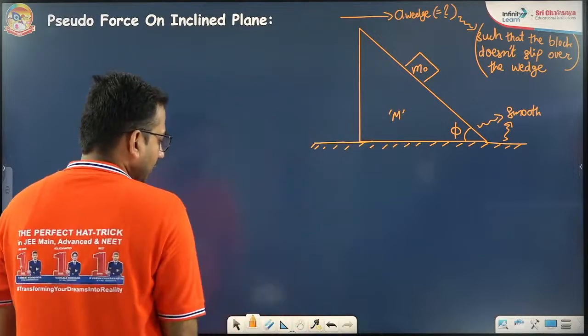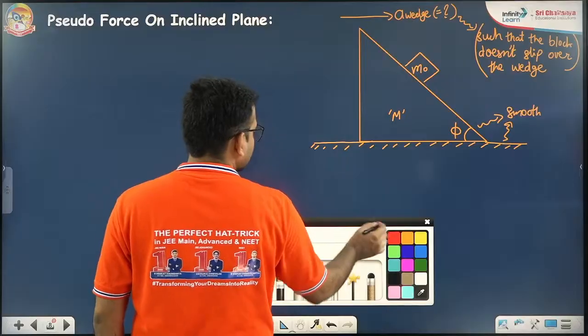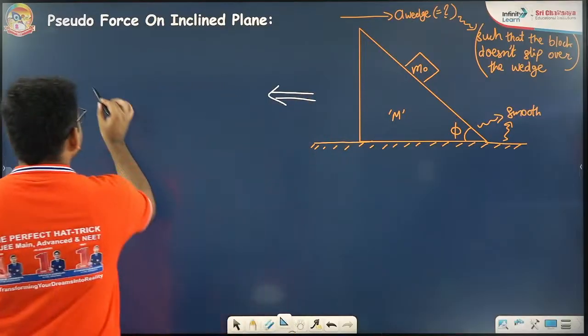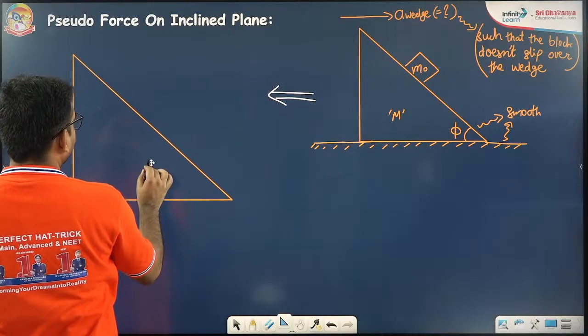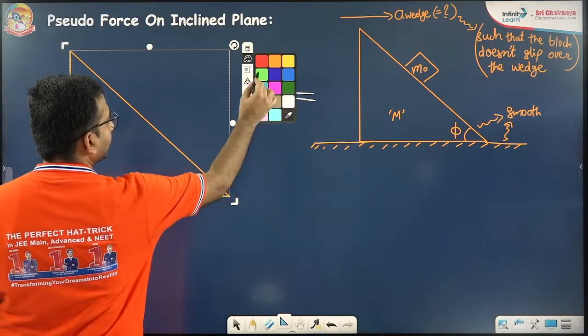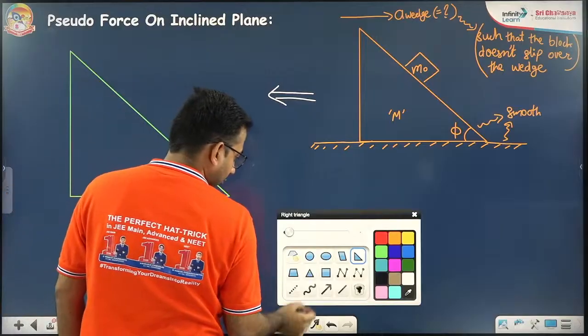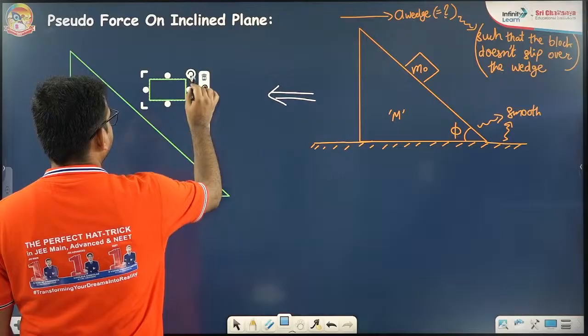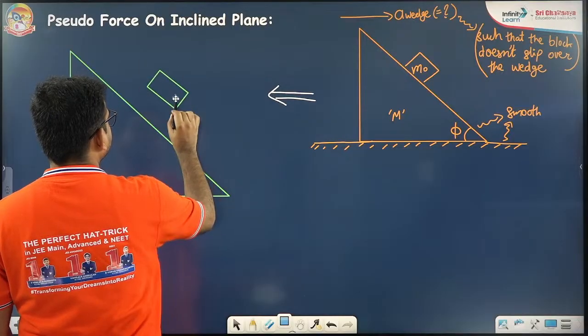Understood? So I'm going to solve it like this. Let us consider this inclined plane again, and let me put a block over here. I'm maintaining some gap in order to understand it better.